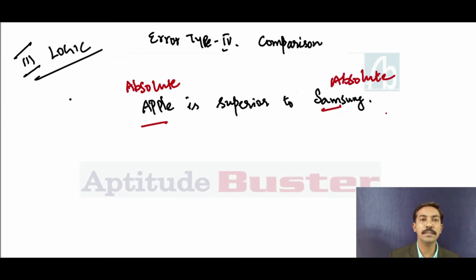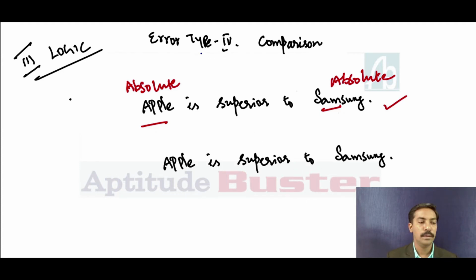The comparison is valid. For the same sentence, if I make a change, if I say the operating system or OS of Apple is superior to Samsung, this sentence becomes incorrect. Why? You can take 10 seconds time, try to find the logical flaw in it.